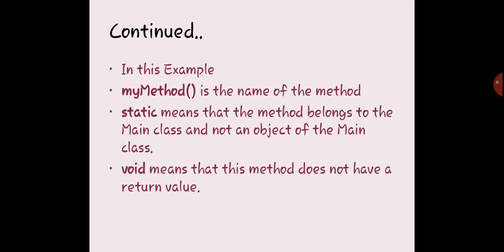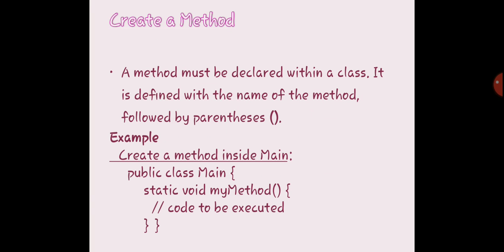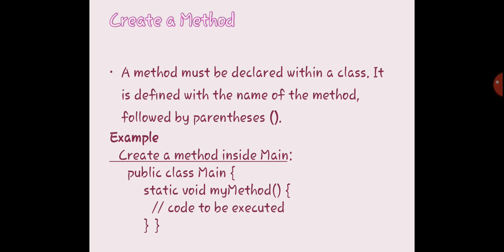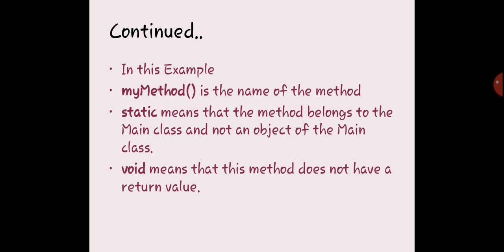In this example, I am going to say what is static, what is void, and what is myMethod. MyMethod is the name of the method. A method will always be followed by an opening and closing parenthesis.